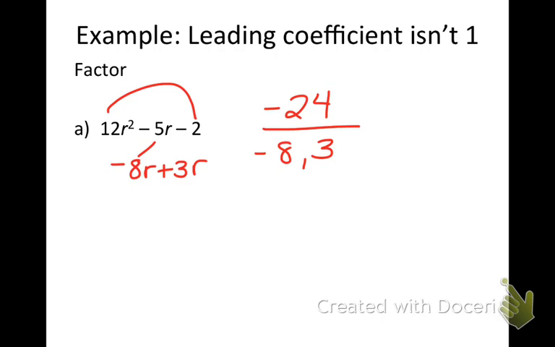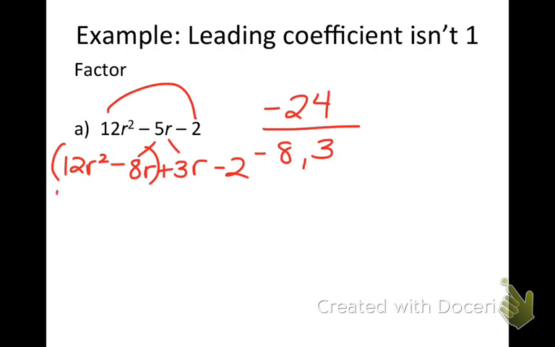Right? That's true. Negative 8r plus 3r gets you to negative 5r. Now I bring down my 12r squared, and I bring down my minus 2. Now I have 4 terms. So now my brain should be saying factor by grouping, factor by grouping, factor by grouping. My first 2 terms have what GCF?